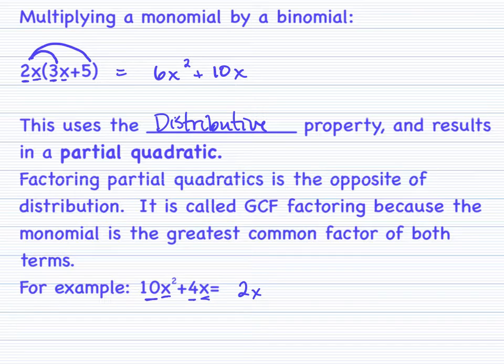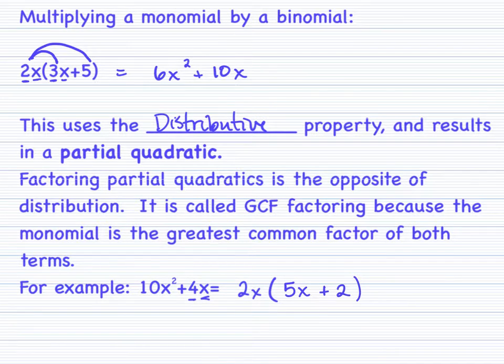So we have to figure out what we have to multiply 2x by to get 10x squared. You can also look at that as 10x squared divided by 2x. And if we did that, we would get 5x. To get 4x, we have to multiply 2x by 2.